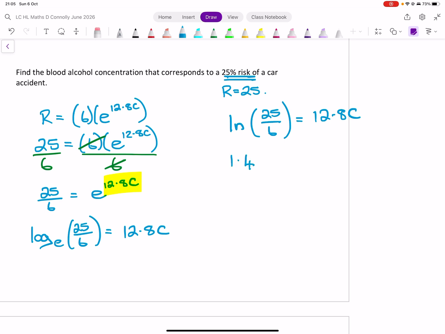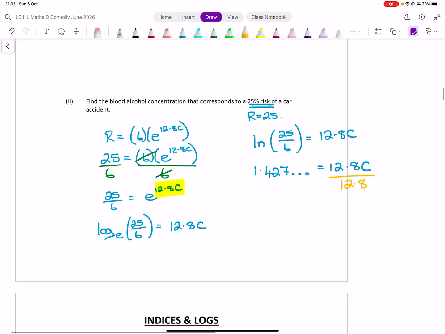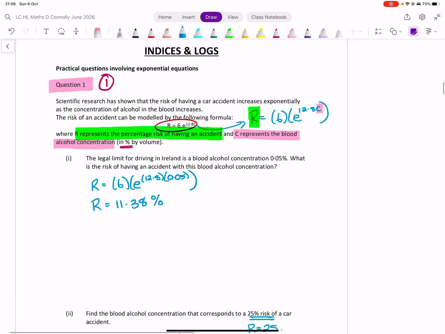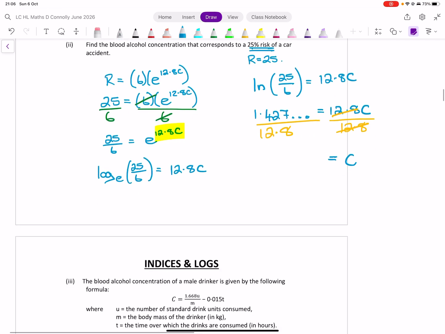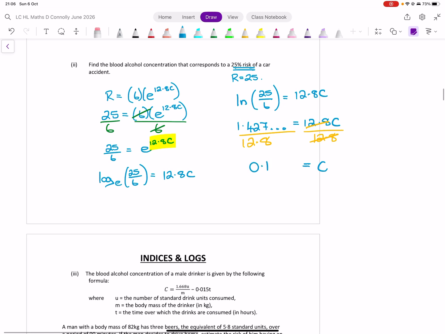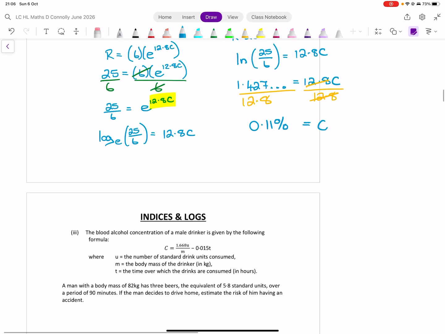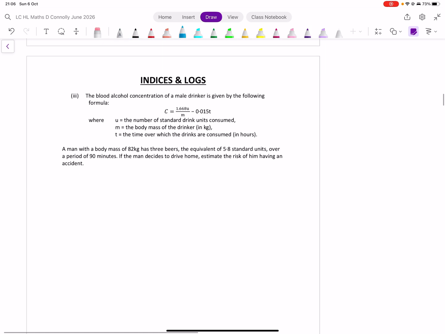So it's 1.427 and there's more numbers, which I'm keeping in my calculator. 12.8c, and then we're going to divide by 12.8 to cancel the 12.8 and isolate the c, and divide this number, which is still in my calculator, by 12.8. So 0.11, they did 2 decimal places, did they? 0.05, yeah, so we'll do 0.11. So a little over twice the legal limit, 25%. It's very interesting.